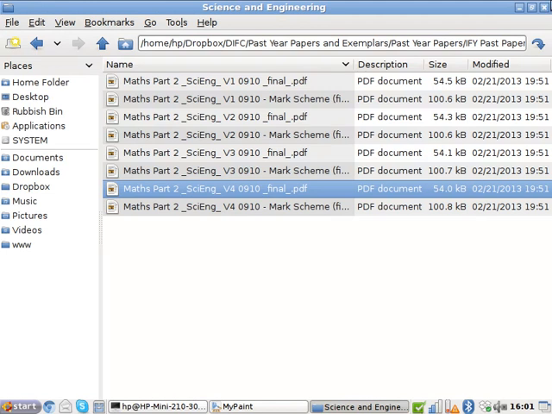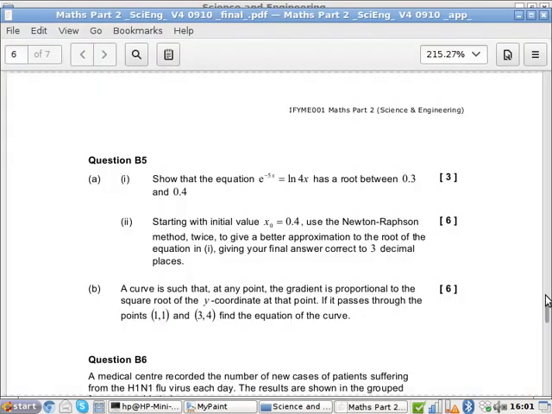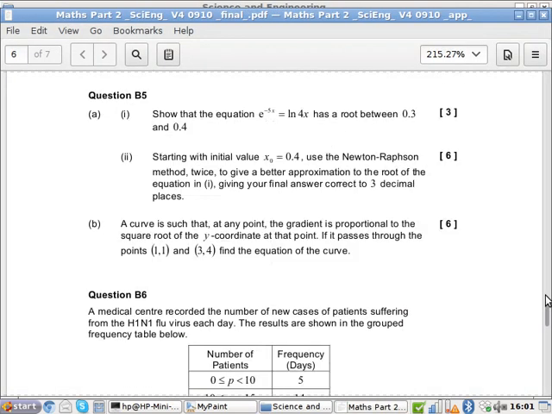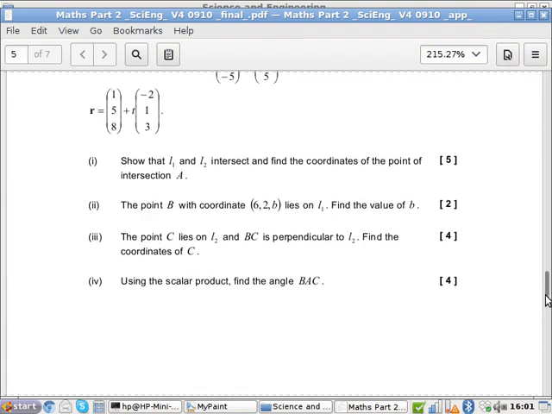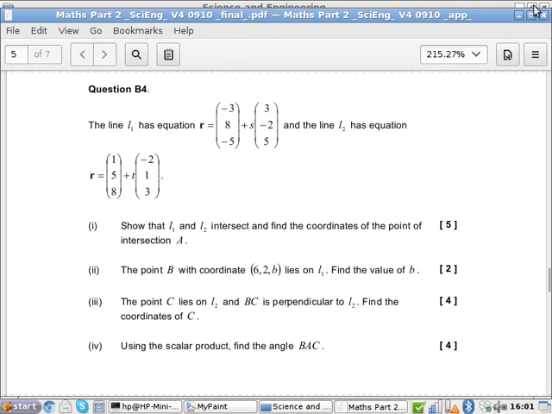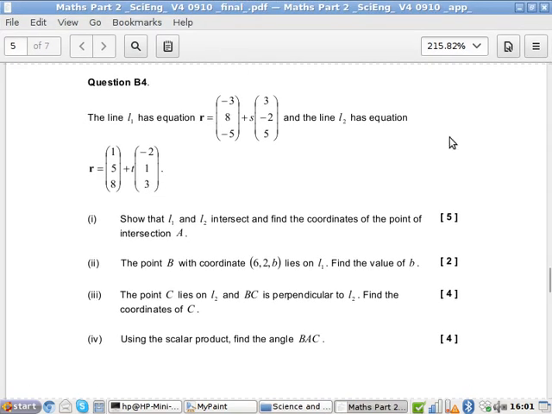Let's try this one. This is a good one. This is typical. Yeah, this is a good one. Okay, so can you try this one as a vector question in the exam?